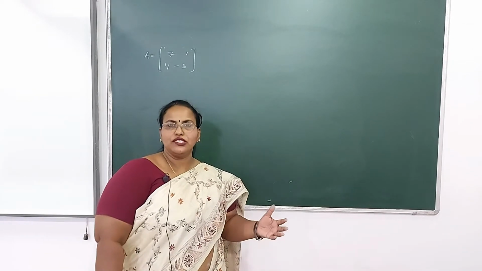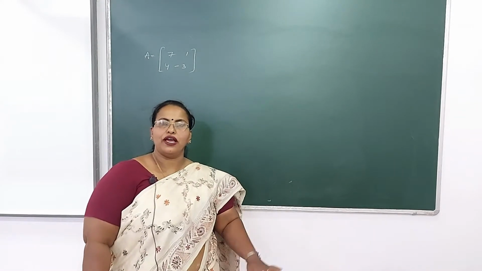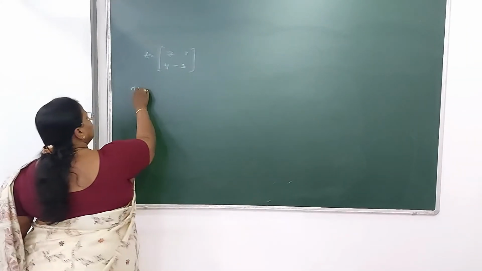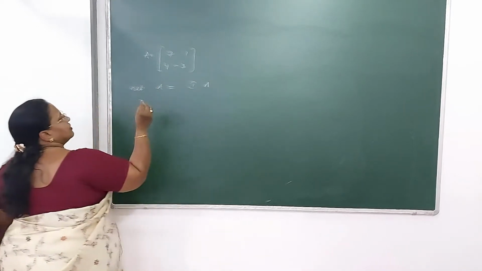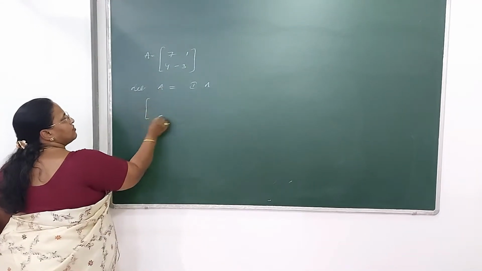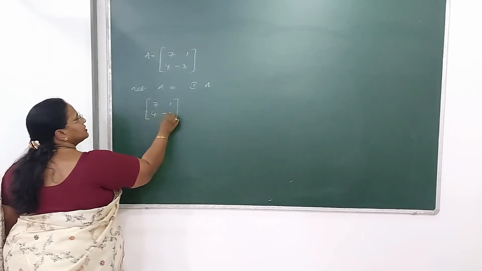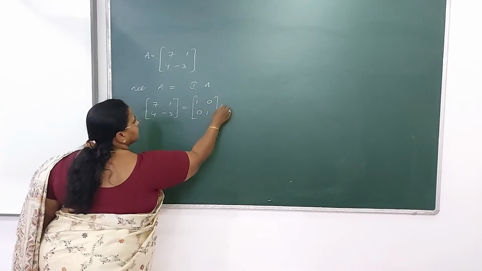But if in the question it is mentioned that you have to apply row, then it's mandatory that you apply row only. Okay. So we'll take, let A is equal to IA. Apply the value of A here. So it's [7, 1; 4, -3], and this is [1, 0; 0, 1] into A.